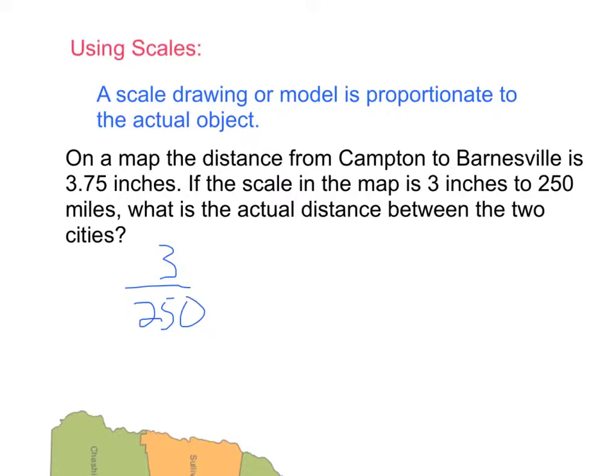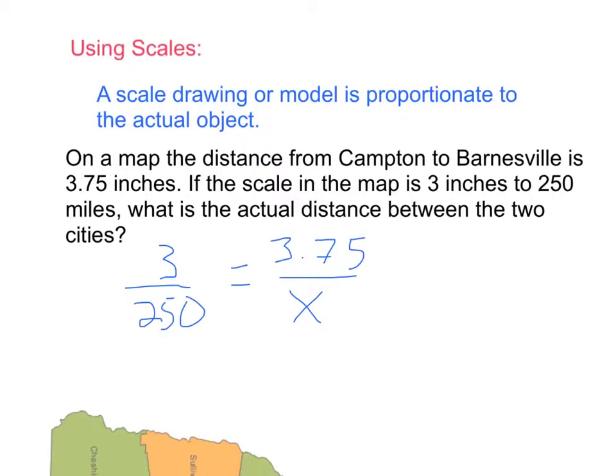So when I write my second ratio, I want the model to go in my numerator as well. Since my model is 3.75 inches, I'm going to put that up there. And I don't know what the actual distance is, which is what the 250 represents in my scale, so on the bottom I'm going to put the variable x.